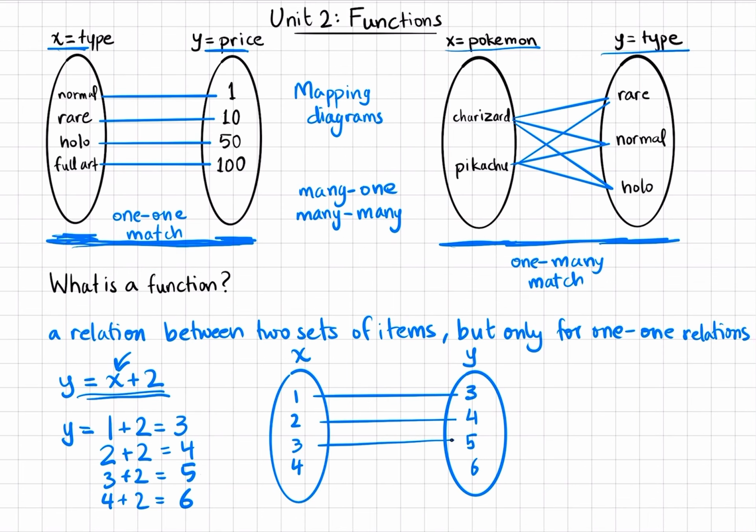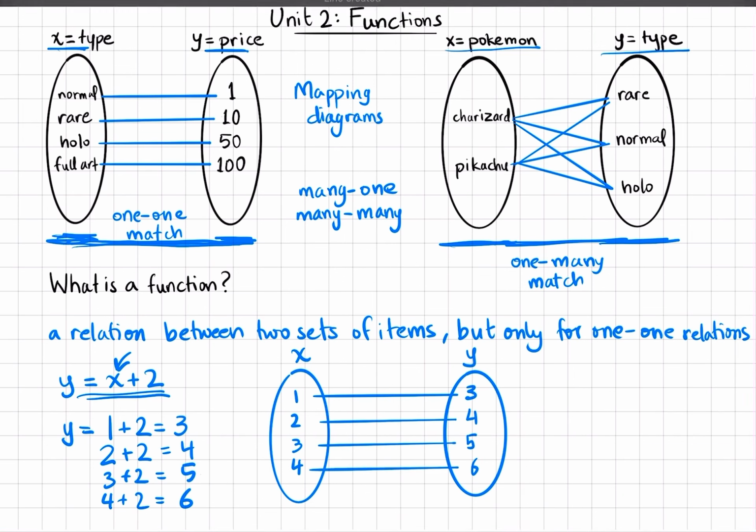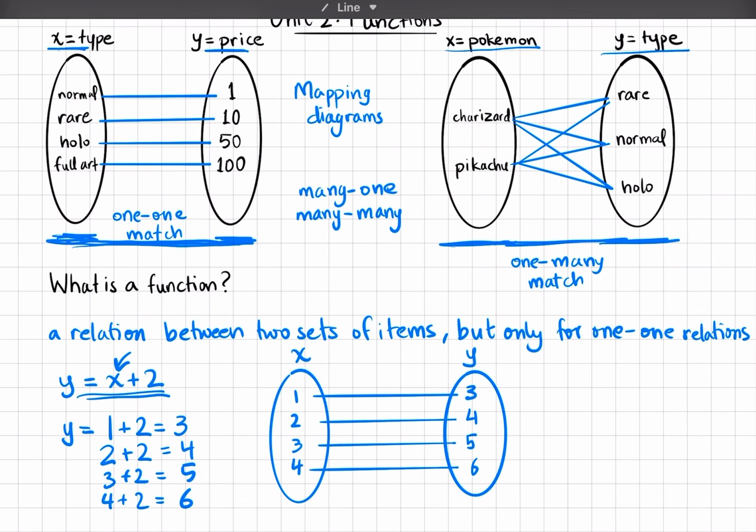And the same goes for all the other values. So a function is a relation between two sets of items only in a one-to-one match. So far, so good?